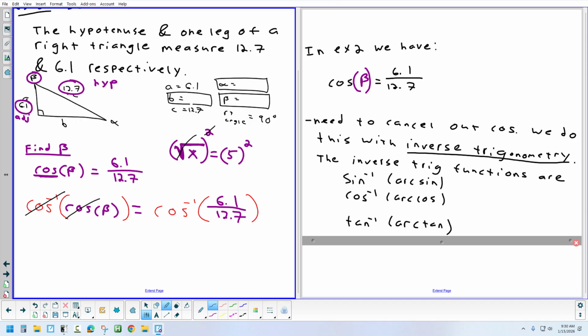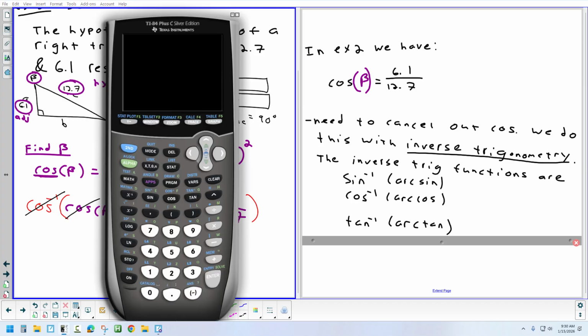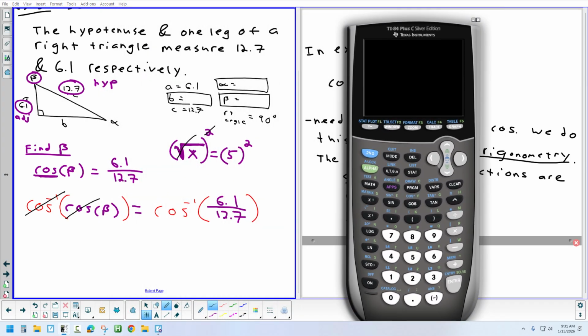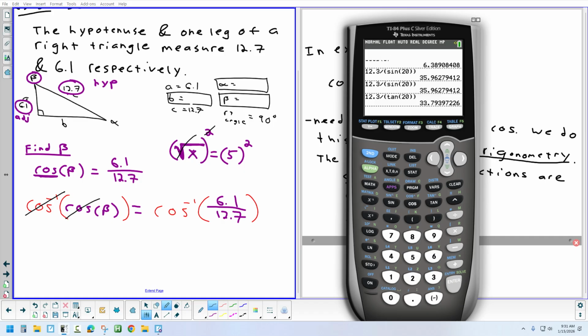So what you're left with is beta equals, and then you have a calculation you need to do out. So on the calculator, we're going to type in inverse cosine. And the way you get to inverse cosine is you press second cosine. Second, and then a trig function will give you the inverse. So inverse cosine of 6.1 over 12.7.